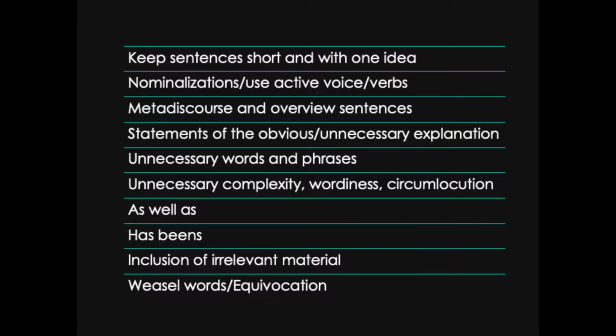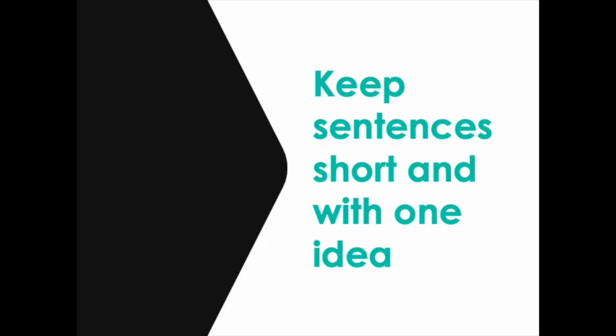We'll look at using as well as, has-beens, and inclusion of irrelevant material. And lastly, we'll look at weasel words or equivocation. So let's get started on this lesson. And we'll get started by looking at the first topic, and that is keep sentences short and with one idea.